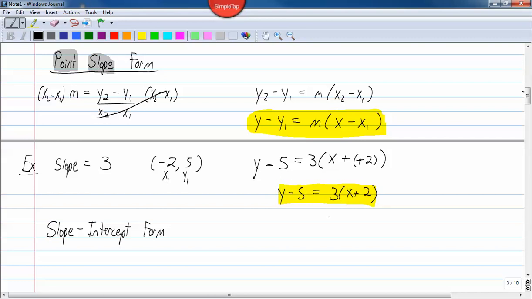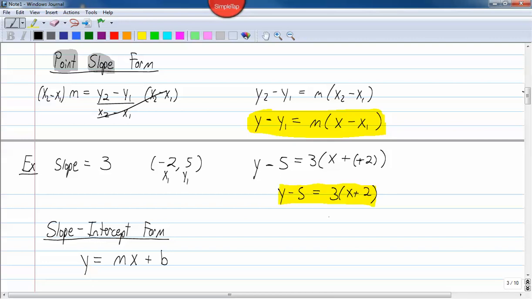The formula for the slope-intercept form of the equation of a line is y equals mx plus b. This is the most popular form because it's in y equals form. If you ever noticed, all the equations that we've graphed in graphing calculators, they all have y equals, or f of x equals, something like that.